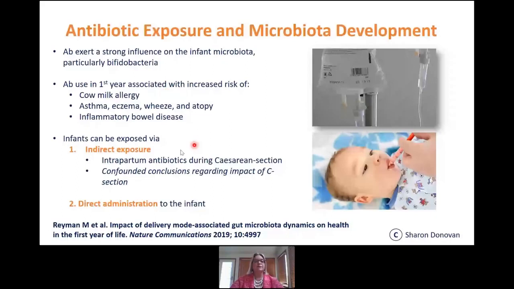Infants can be exposed in various ways: indirectly, most often through intrapartum antibiotics during cesarean section, or through direct administration. This has been confounding because antibiotic use is standard care, so it was difficult to tease apart whether the differences with cesarean section are due to antibiotic exposure or to the C-section.